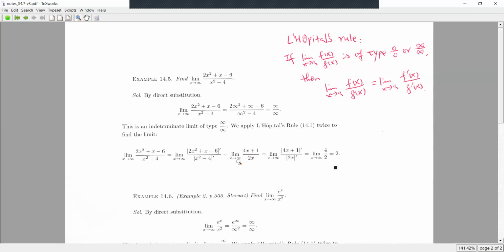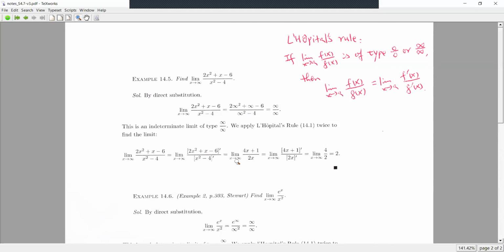As x approaches infinity, the denominator approaches infinity, and also the numerator approaches infinity. So again, this limit is indeterminate, of the type infinity over infinity.